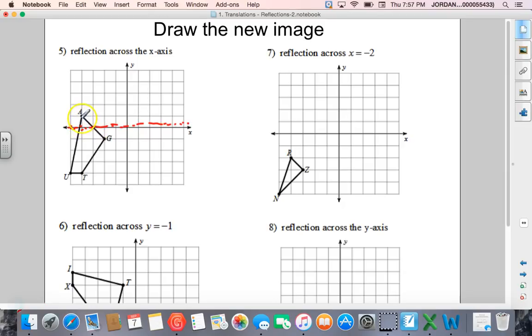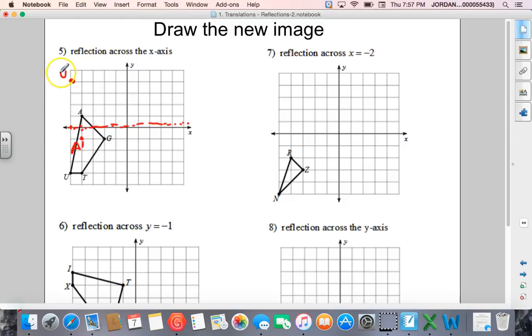So let's do A first. So how far is A from our line of reflection? Just 1. So we're going to put A prime 1 away over here on this side. I'm going to label that A prime. And then we're going to reflect U across the line. So U is on the bottom side of the line, 1, 2, 3, 4 away. So we're going to put it 1, 2, 3, 4 away from the line on the top.